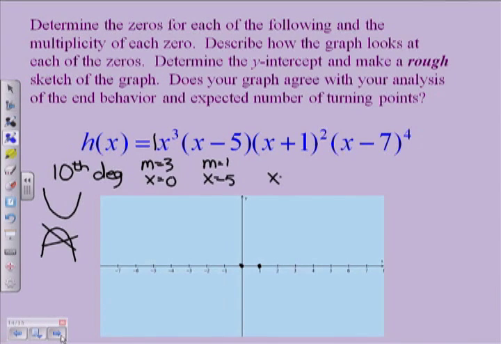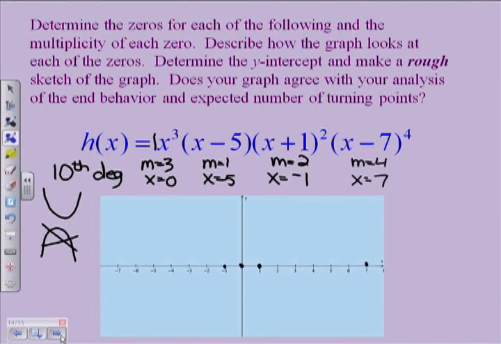X equals -1 has a multiplicity of 2. Boy, this could get tricky. In fact, this would be just a nightmare to put on your calculator because I think it's going to be going so nuts. And then x equals 7 has a multiplicity of 4.